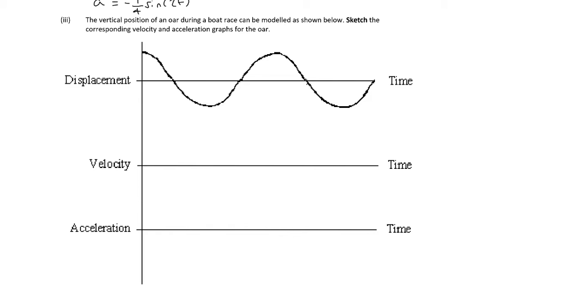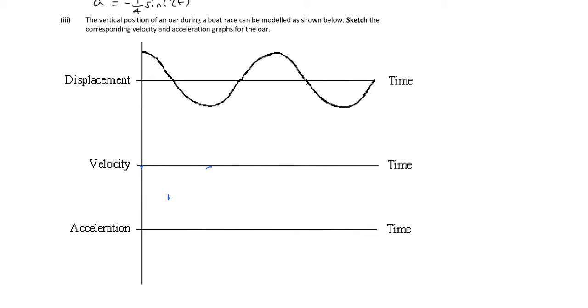So displacement is initially flat, so your velocity is going to be initially 0. And when we go, I guess, like pi over 2, later on, we can see that the velocity is at its maximum, but negative. So it would be down here. Then we go back to the center point, it's gone back to 0.